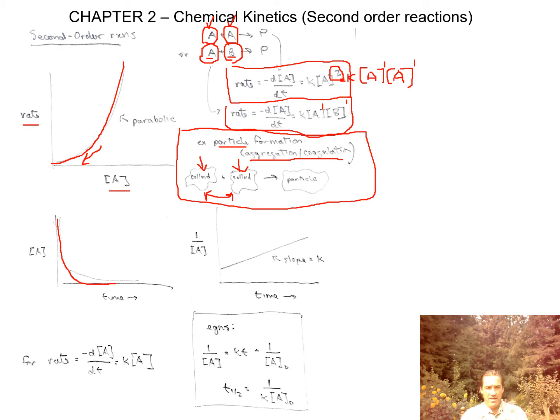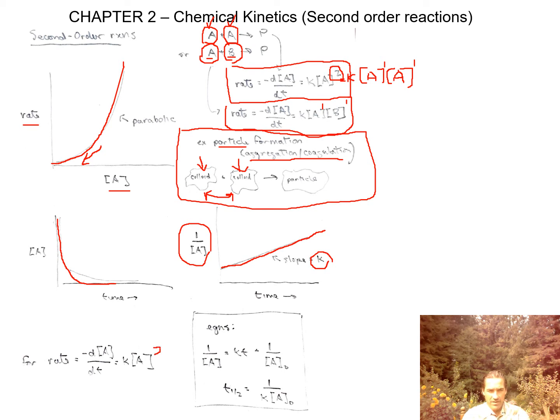And if we plot 1 over A over time, we get a straight line. We like these types of plots because it's easy for us to get information out of them. So again, if we plot 1 over A versus time, we get a straight line where the slope is equal to K.